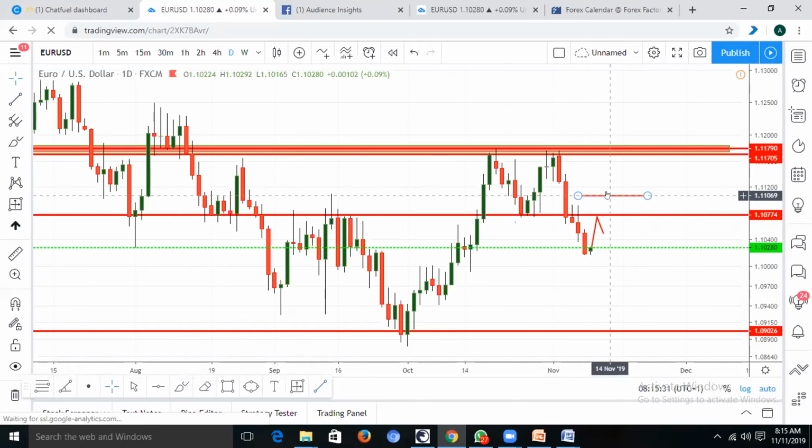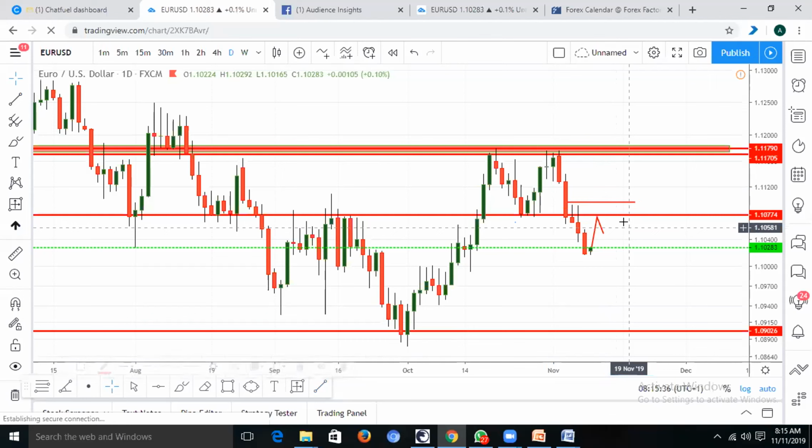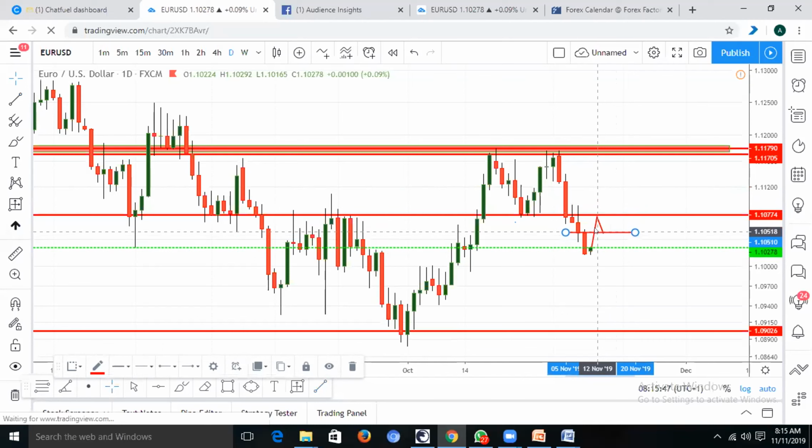Now, if the price comes down to hit my first take profit, I can decide to put my stop loss here. I will give myself small profit because I entered from here.